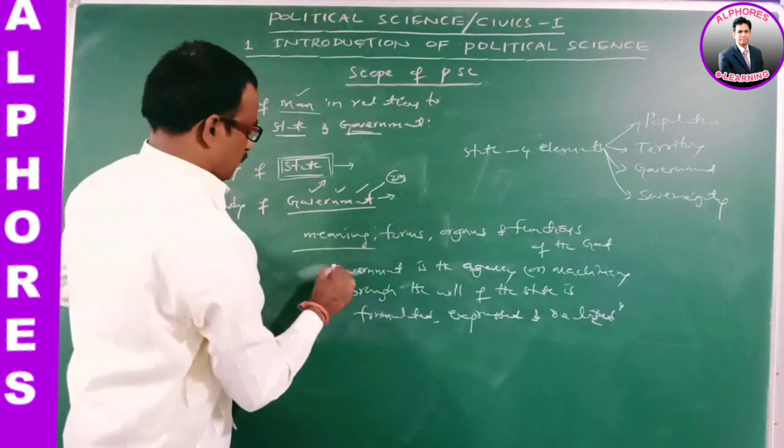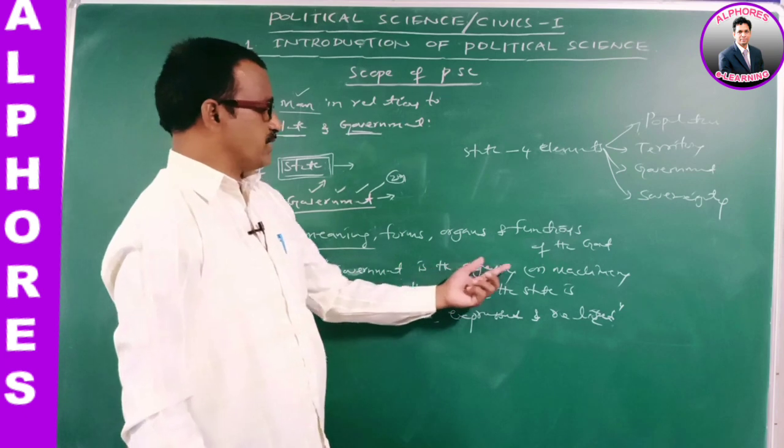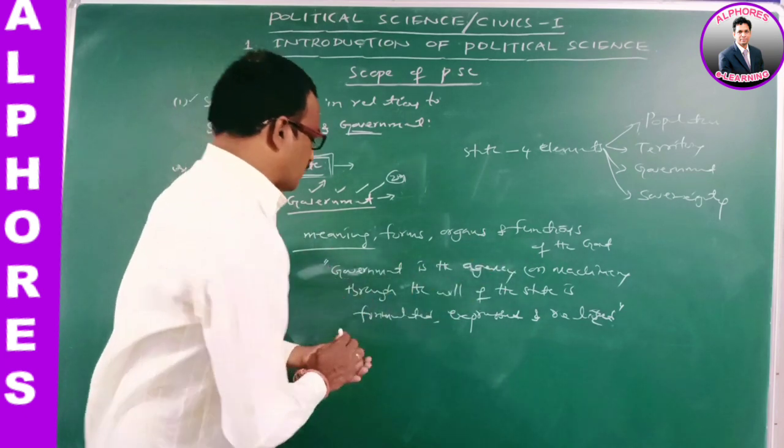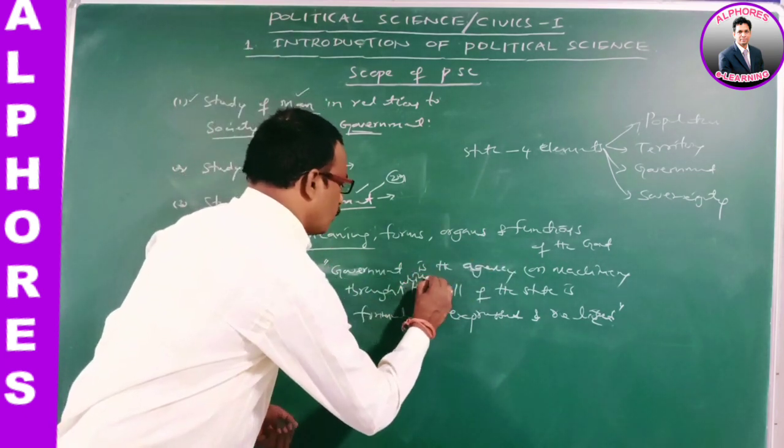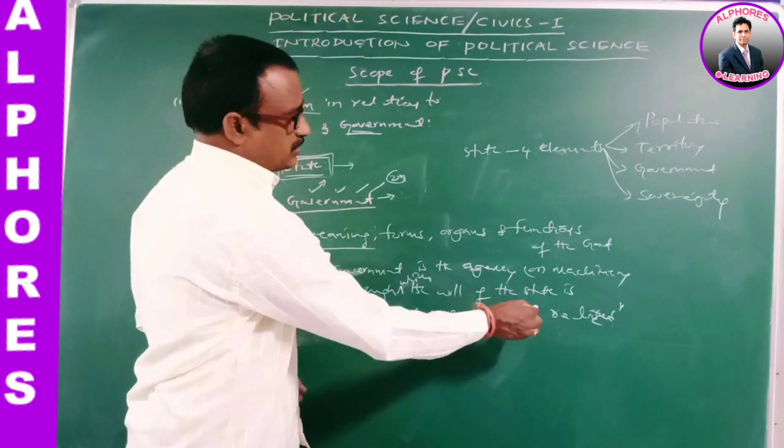This is the general definition of government. What is the government? Government is the agency or machinery through which the will of the state is formulated, expressed and realized.